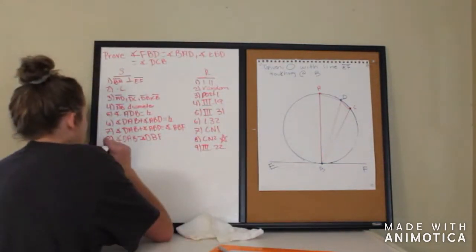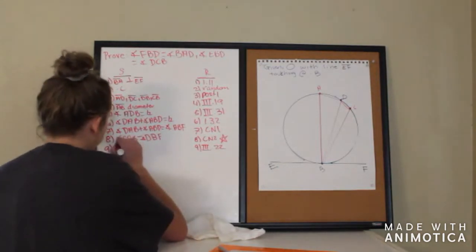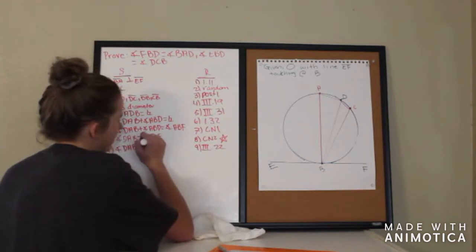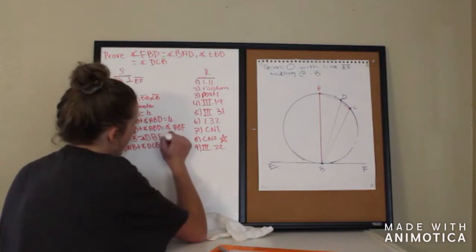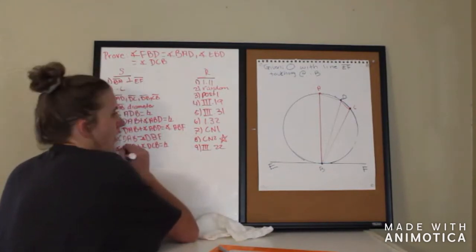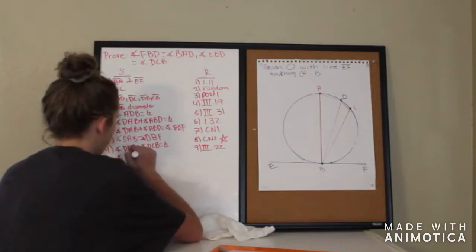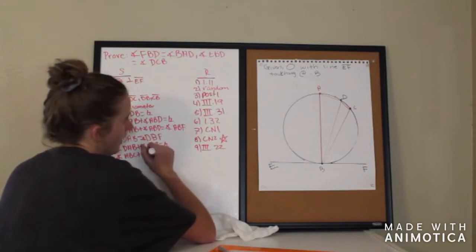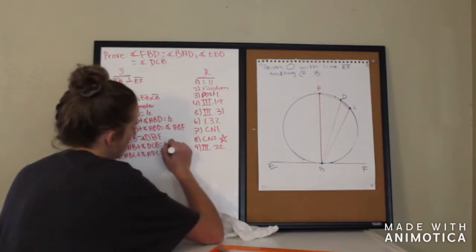So because of that, we know that angle DAC, or DAB, plus angle DCB is equal to two right angles, and angle ABC plus angle ADC is equal to two right angles.